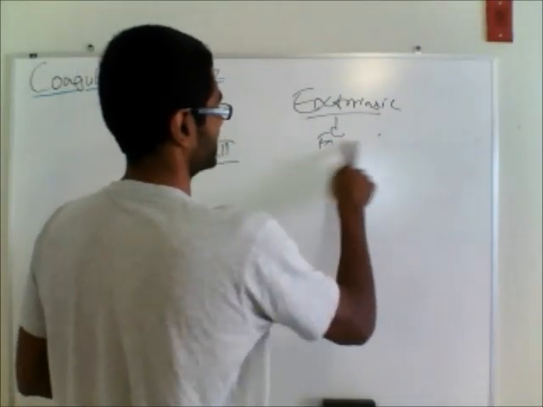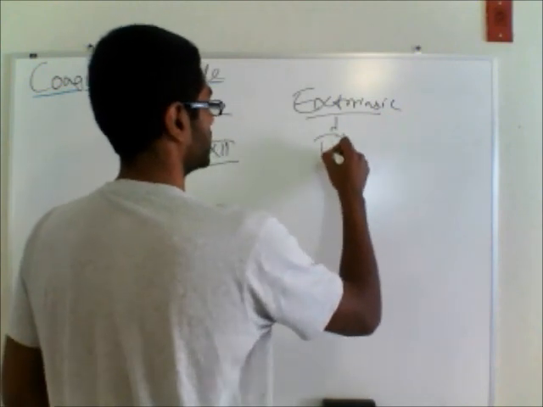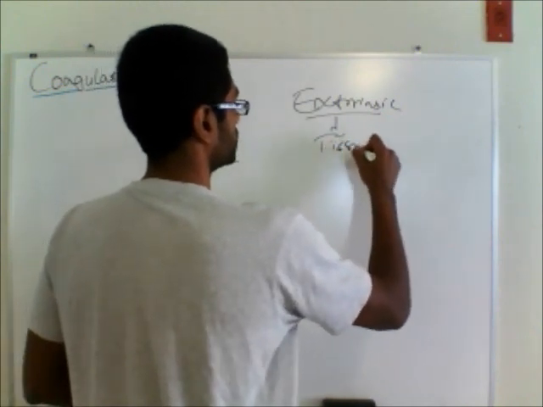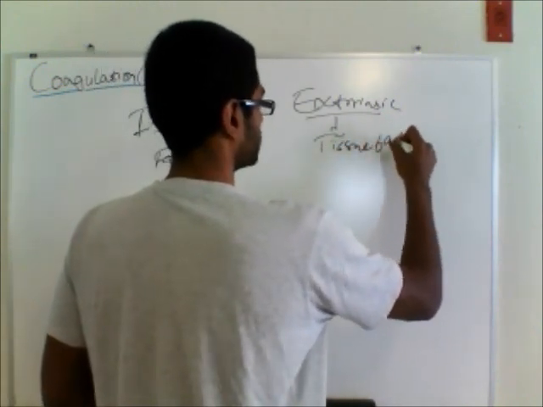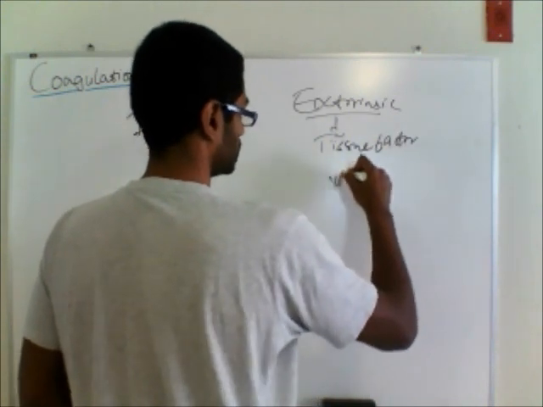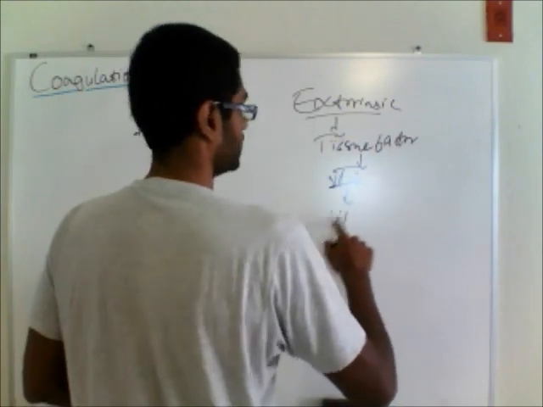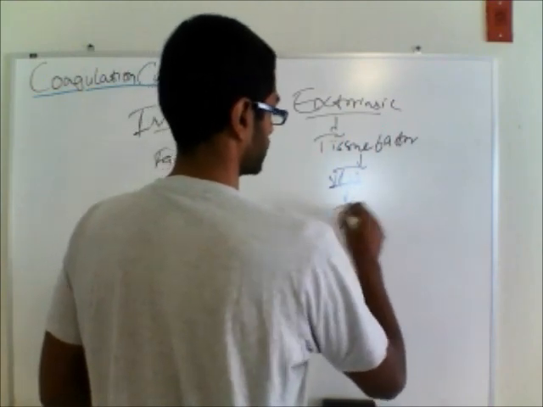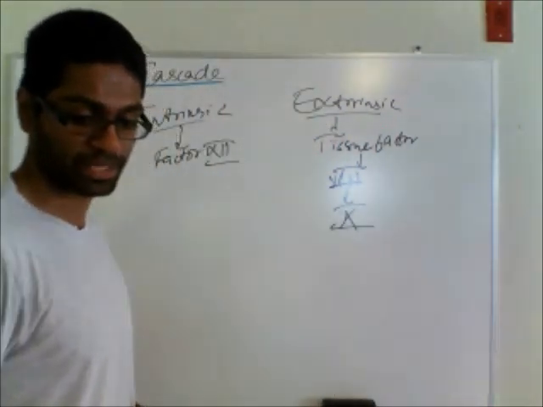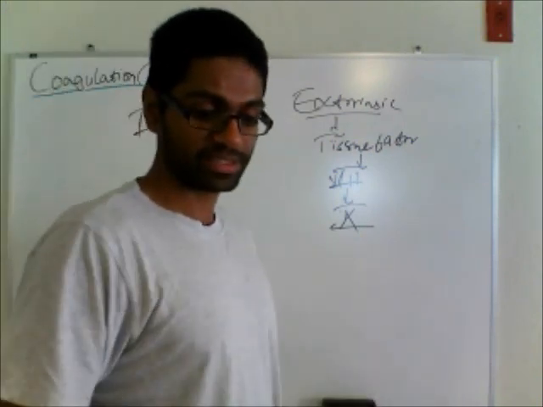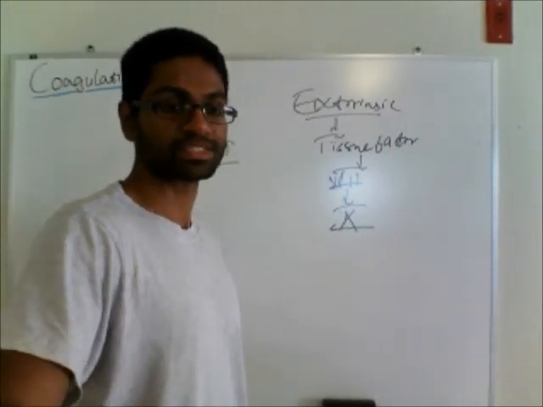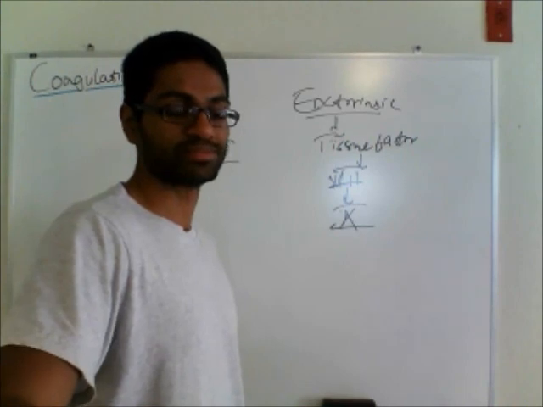It does involve 7, but tissue factor starts it off. Then it goes to 7, then 10, and 10 starts off the whole shebang. And that's it. There you have it. The cascade. Simple, easy. Have fun.